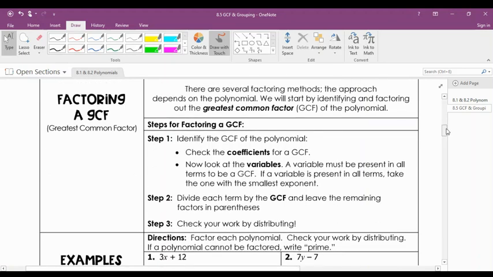But let's do GCFs first, because it is the simplest of all the factoring. And you want to look for it first every time to make it easier to factor. So these first problems that we're going to do just involve GCFs, which are the greatest common factor.